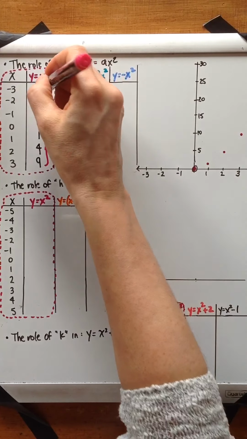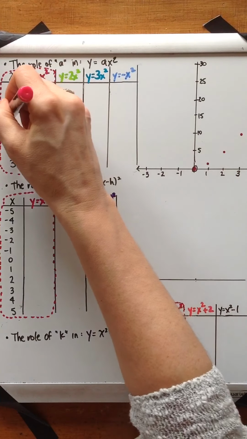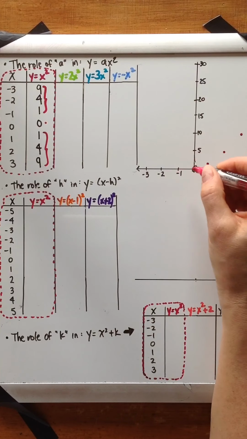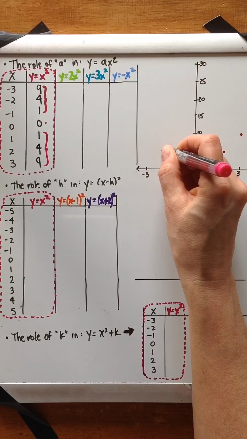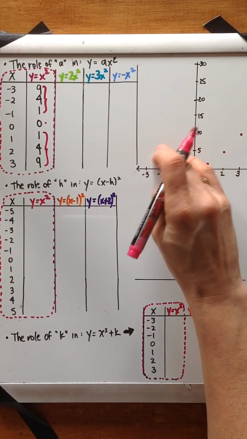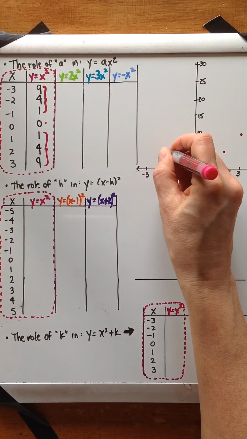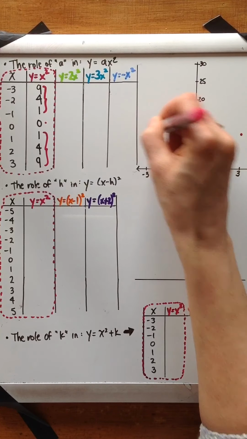And I'm going to do the same thing in this negative region as well. Okay, so over 1 to the left and up 1, over 2, up 4, over 3 to the left, up 9. I'm just going to drop that one down a little bit. There we go. And 3, 9 might be something like this.